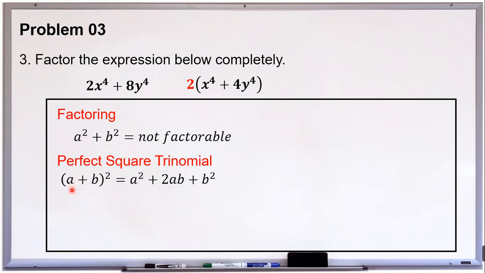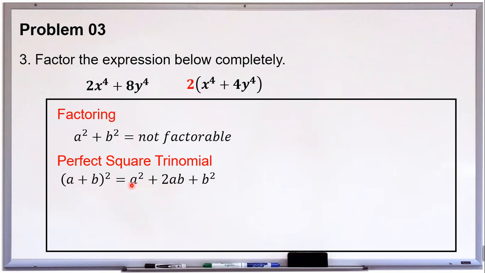in which you have a binomial a plus b raised to the power 2. The expanded form for this one is, for the first term, you need to square the first term of the binomial, and that is a, so you have a squared. And then the last term, same with the first term, you also need to square the last term of the given binomial, so that is simply b squared.